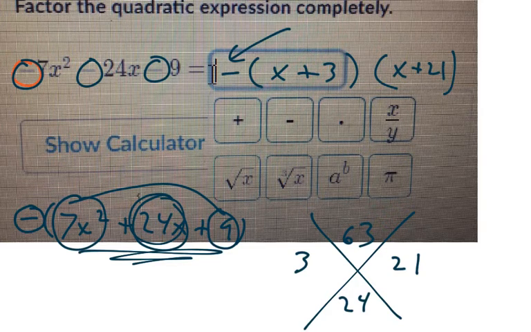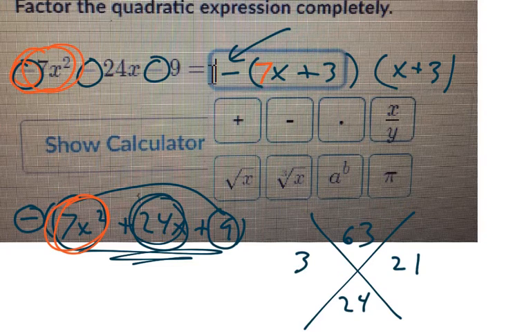Wait a minute. There is a 7 x squared still in front. So I'm going to divide by 7 here and times by 7 there. And once I divide that by 7, I now have that, right? So the final answer is negative times 7x plus 3 times x plus 3.